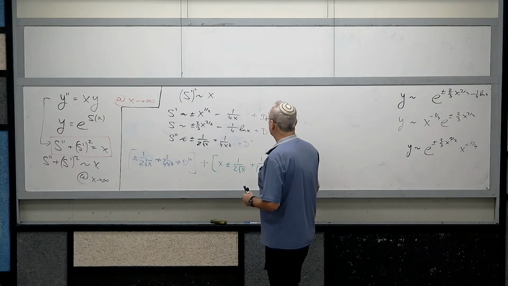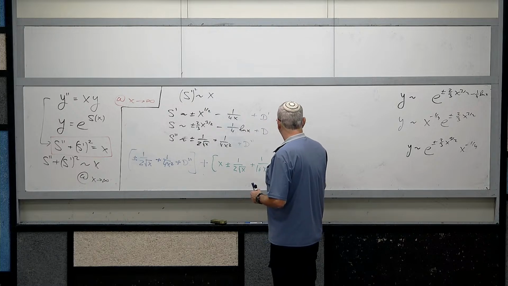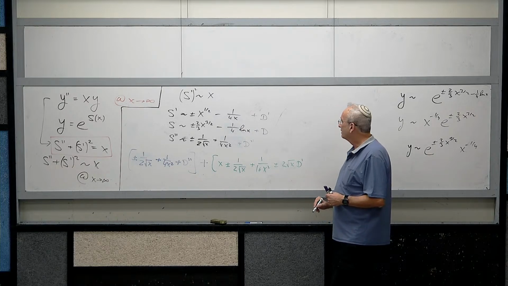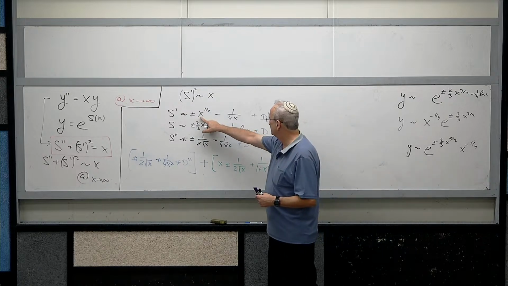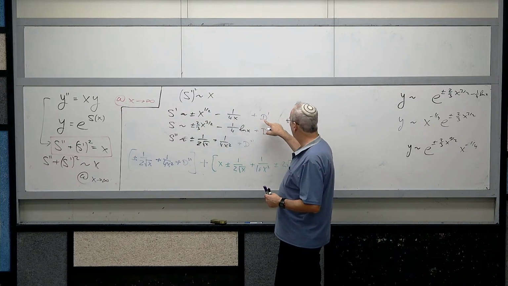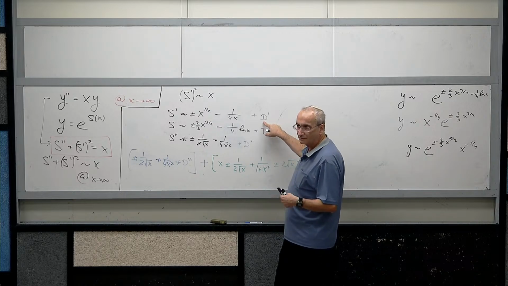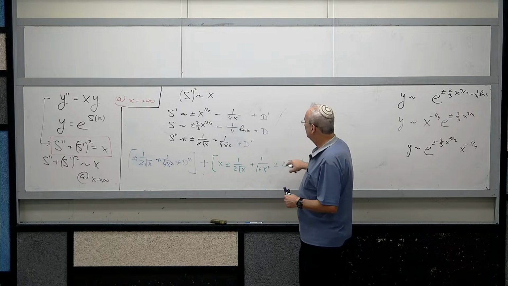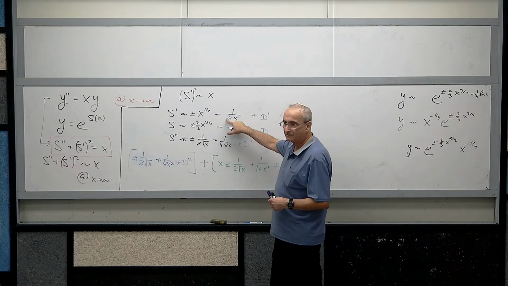And now I have plus minus 2 square root of x d prime. Plus d prime squared. Okay, now I don't need this squared because this is clearly smaller than that. Right? I have this times that times 2.